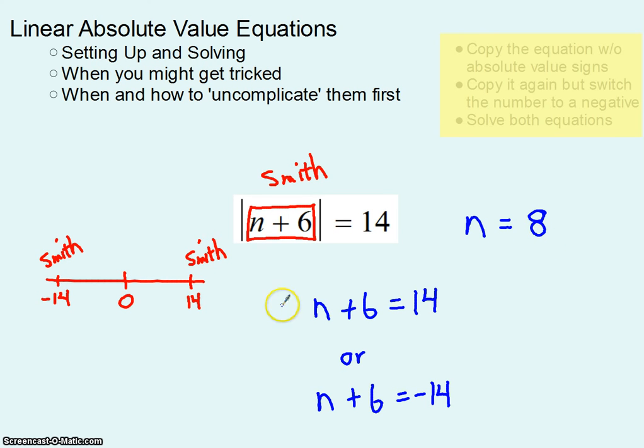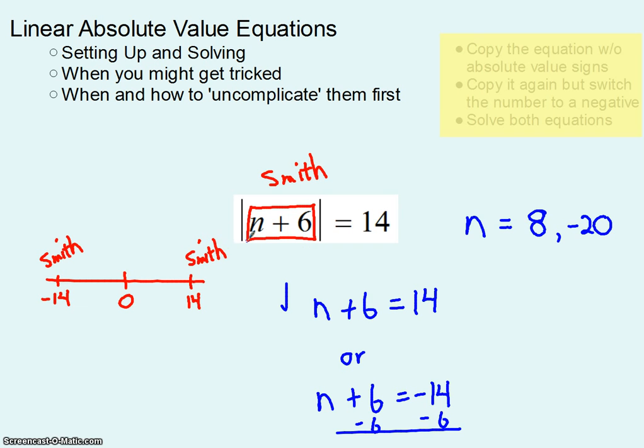Check, took care of that. But if n plus 6 is equal to -14, when I solve this, n is going to equal -20. So there's my other answer. Let's check and make sure it worked. -20 plus 6 is -14, and then when you take the absolute value, you get 14.